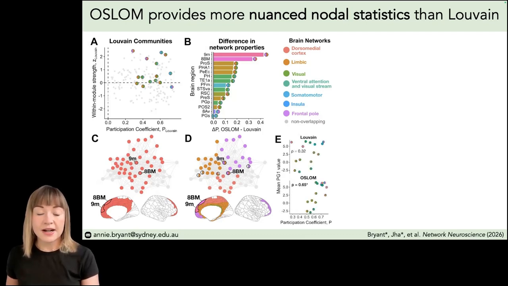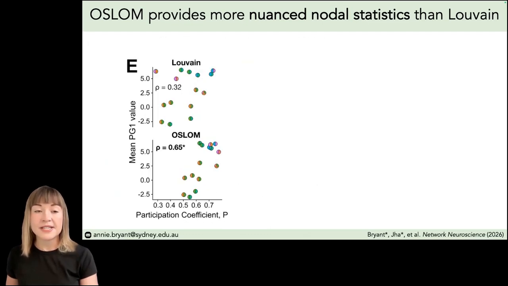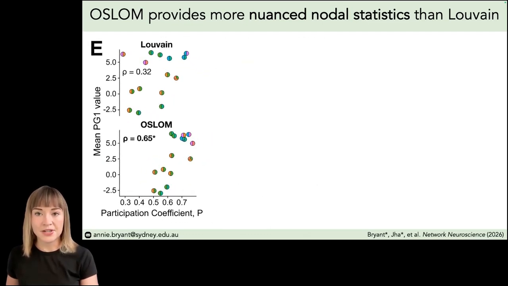We continued by computing the participation coefficient of our 15 overlapping nodes across the communities identified by Louvain versus Oslam and compared the values with that of the first principal gradient of functional connectivity that I introduced before, finding that only the Oslam-based participation coefficient was significantly positively associated with the first principal gradient.